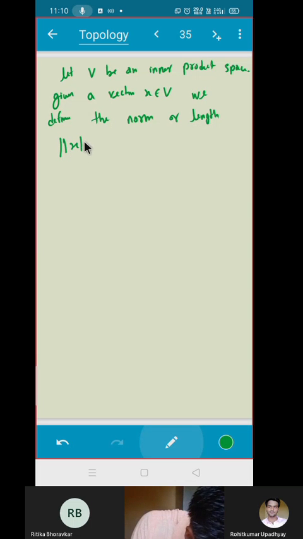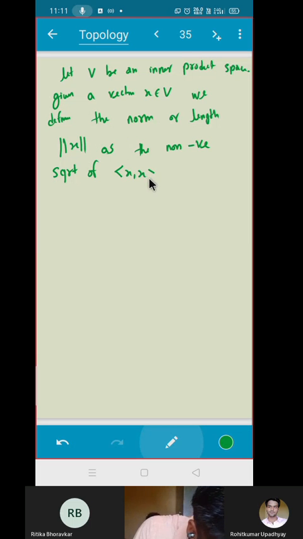This is the notation, correct? And we read it as norm of x. As the non-negative square root of inner product of x, x. That is, norm of x is defined as square root of inner product of x, x.